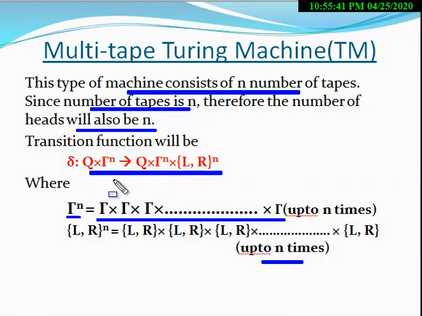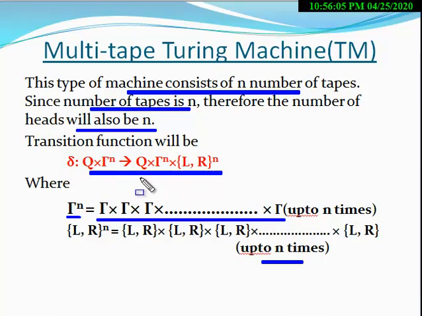Since the number of tapes is n, you have to take one input from each tape. Therefore the total number of inputs for this transition function will be n plus 1, right?